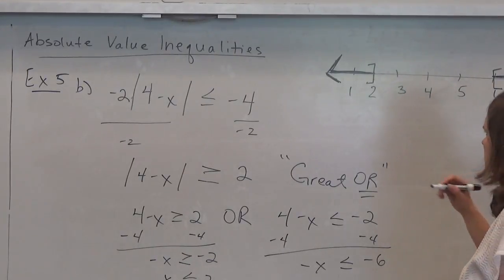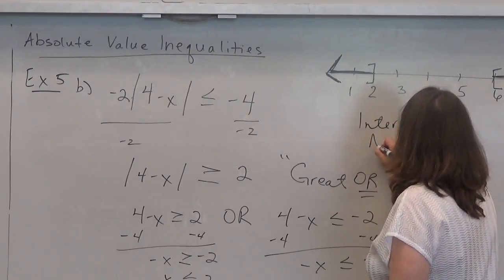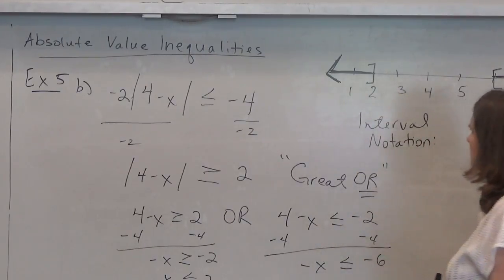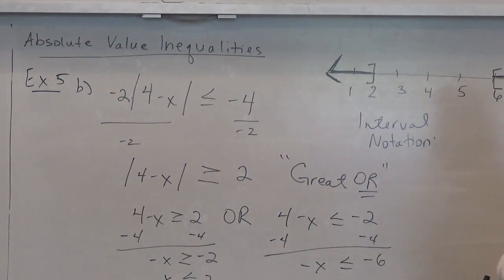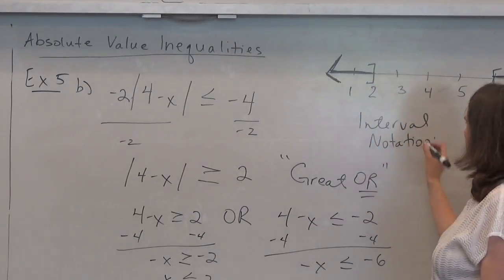My interval notation will be, think about what you think the interval notation should be. Pause if necessary, but interval notation is going to be negative infinity to 2 with a square bracket.